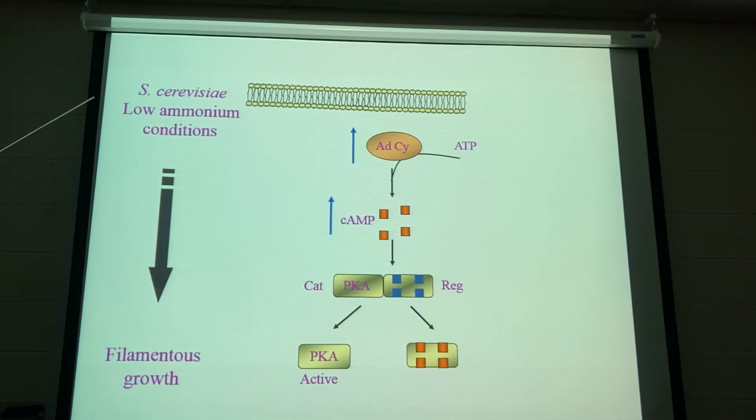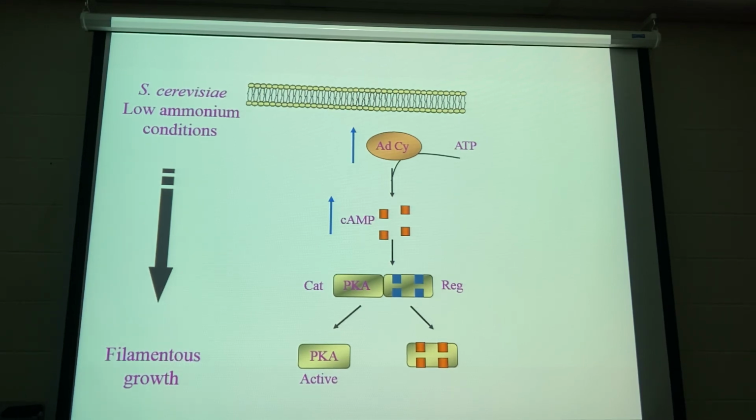In Saccharomyces cerevisiae, this pathway becomes active under conditions of low ammonium. We're talking about ammonium because it is probably the most accessible form of nitrogen for a lot of organisms. If ammonium is available, that's a nice way for the cells to get their nitrogen. And when ammonium is low, Saccharomyces cerevisiae produces filamentous growth.